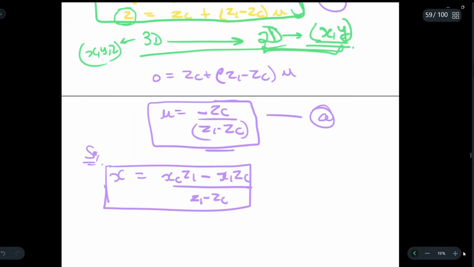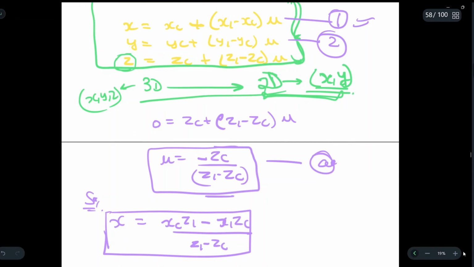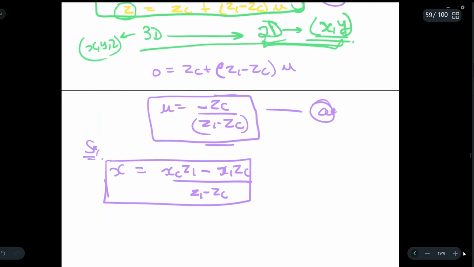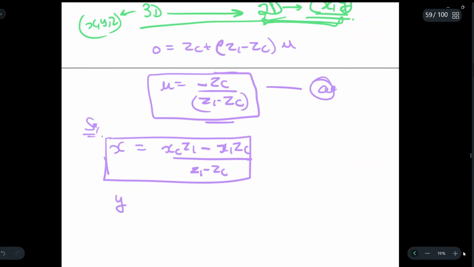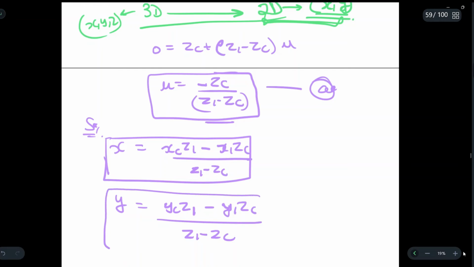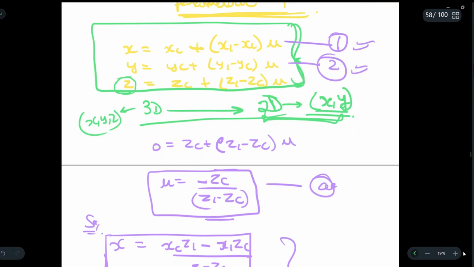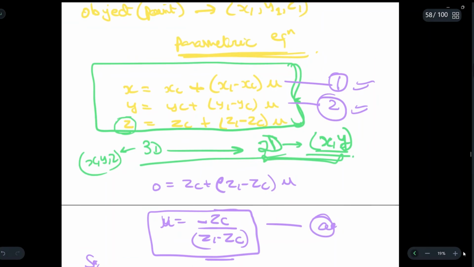Similarly, we are going to use equation A and put it in equation 2 in order to get y. That is, we will get y is equal to yc minus (yc z1 minus y1 zc) upon (z1 minus zc). So these are the points that we will get by putting u equal to minus zc upon (z1 minus zc) in equation 1 and equation 2.